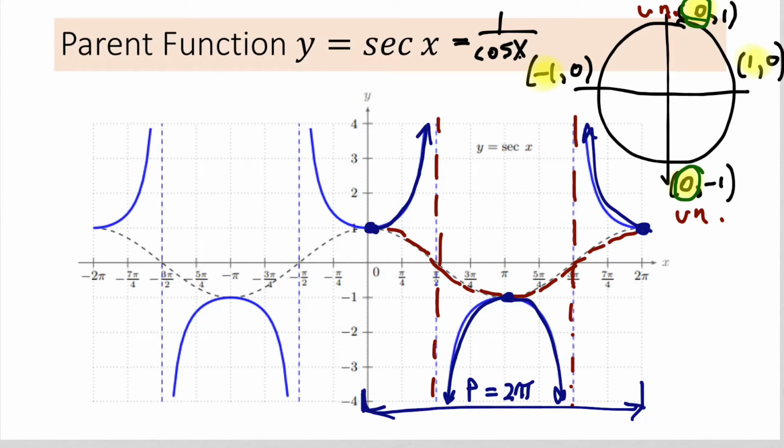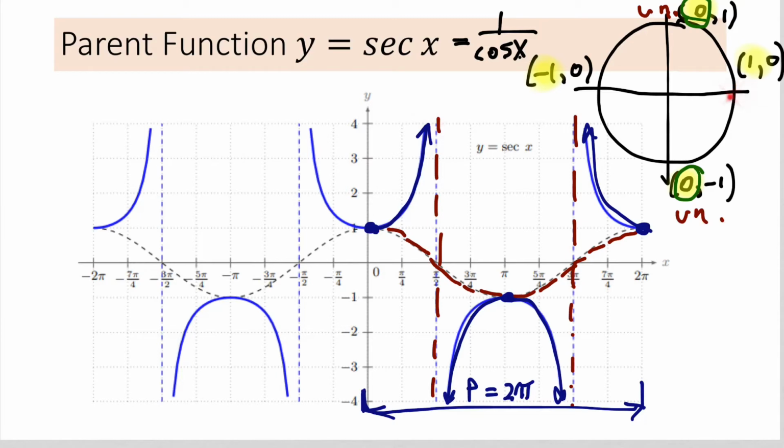So let's talk briefly about why these graphs head straight up here, like to positive infinity, and also here and here go down to negative infinity. Why is that occurring? So let's think about it this way. As I'm approaching pi over 2, my secant is getting very large.